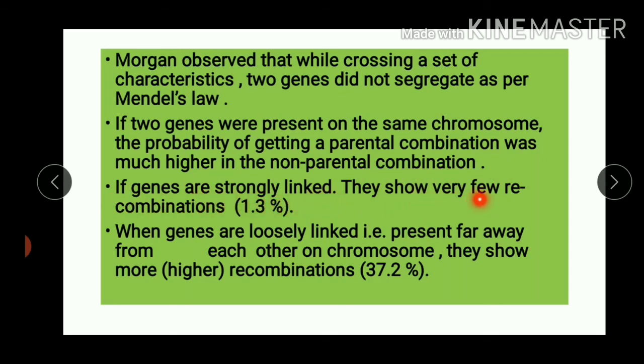They show very few recombinations because they will not separate, 1.3%. But when the genes are loosely linked, that is, present far away from each other on the chromosome, then definitely they show higher recombination possibilities, that is 37.2%.